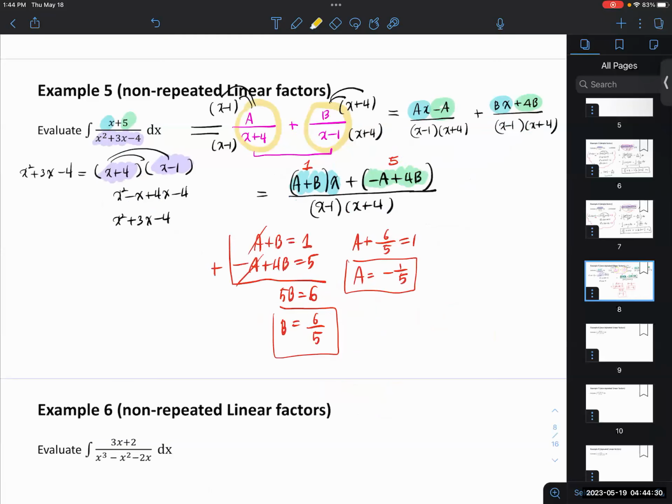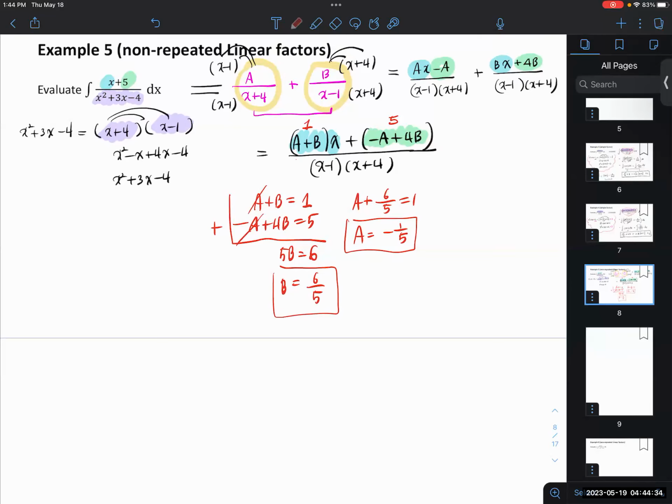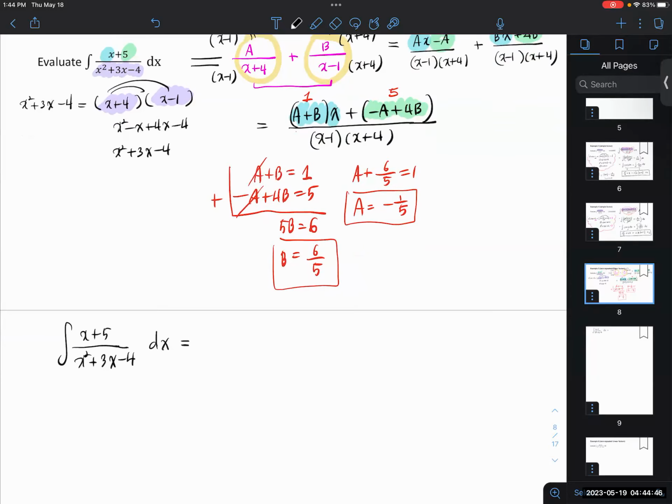So let me make a space. So we go back to the question. We have x plus 5 over x squared plus 3x minus 4. We found the two partial fractions, which are A over x plus 4 and B over x minus 1, correct?